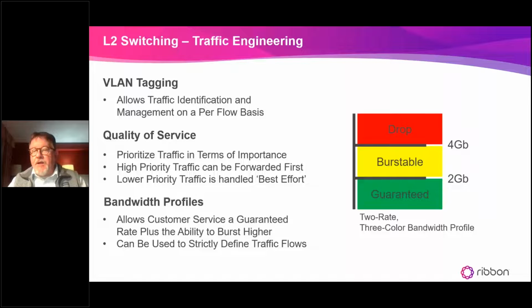Now, what happens when they go over 4 gig? Well, if they literally are pushing that much data, then those packets are going to be dropped. Well, why would you do that? Because this is one way to oversubscribe your bandwidth and therefore increase your profitability, right? So this gives you the ability to manage the traffic on your network with bandwidth profiles on a per customer basis that gives you that real granularity. Now, I did it for simple purposes in terms of gigabit, right?